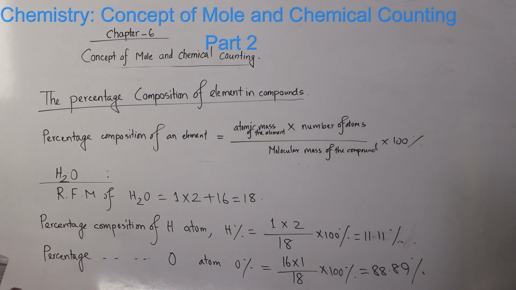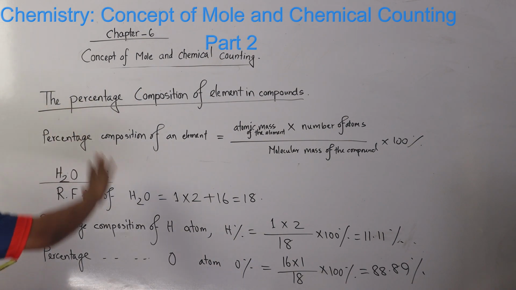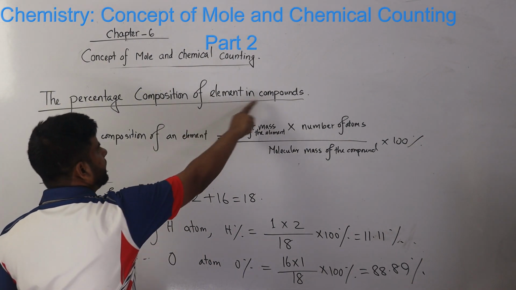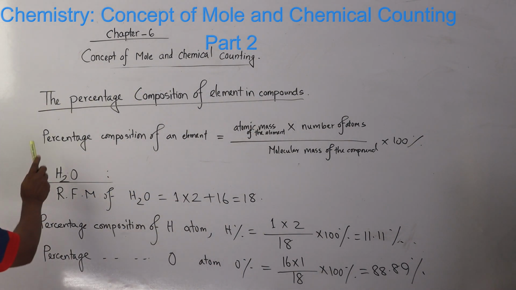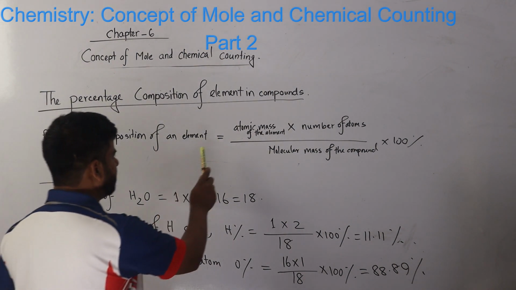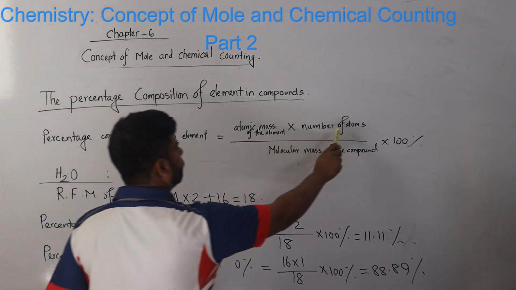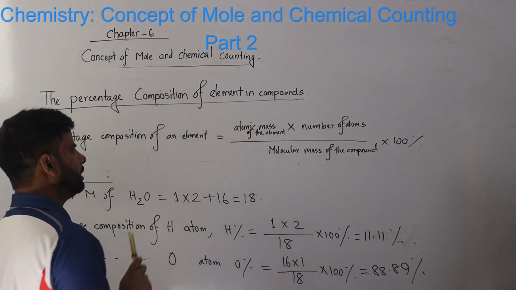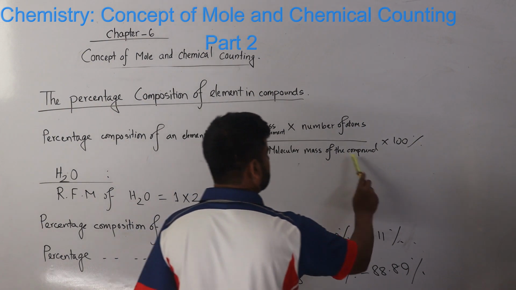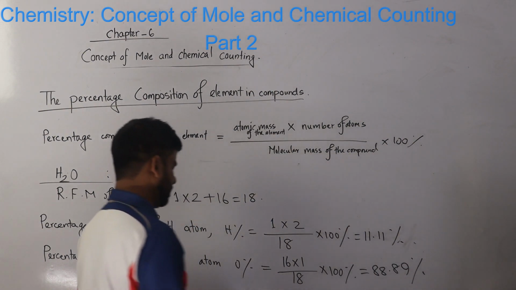This is the technique to calculate the percentage composition of an element in a compound. So remember, the percentage composition of an element is equal to the atomic mass of that element, multiplied by the number of atoms of that element, divided by the molecular mass of the compound, multiplied by 100%.